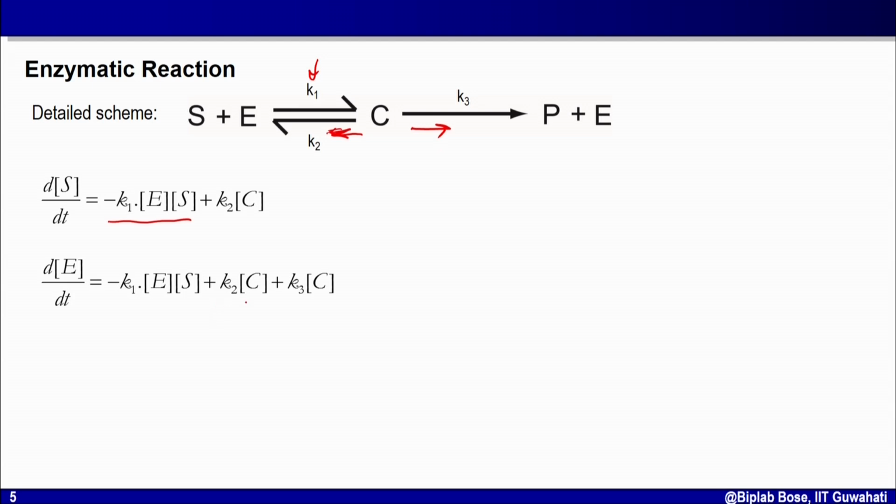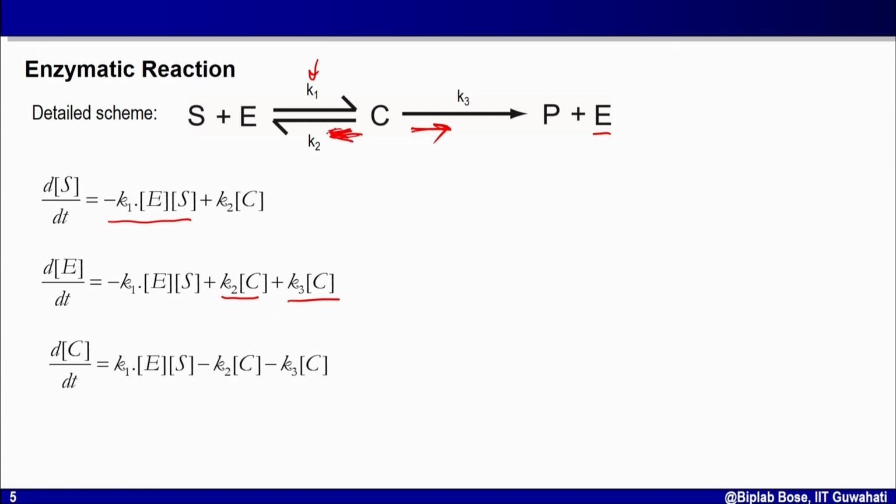K2 C represents the reverse reaction from which C breaks into S and E, and K3 C represents the rate of the forward unidirectional reaction by which I also get E. So dE/dt is equal to minus K1 E S, that is the consumption, plus K2 C plus K3 C.